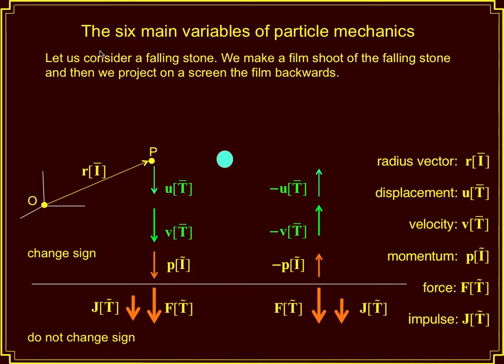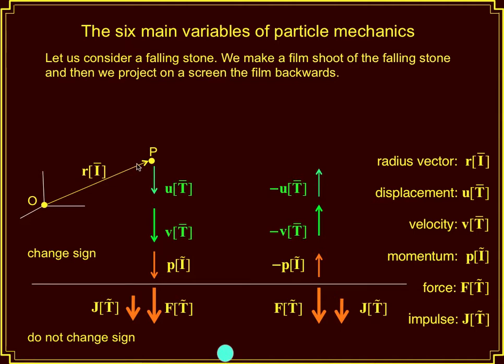The six main variables of particle mechanics. Let us consider a falling stone. To make a film, we show the falling stone, and then we make a film and project on a screen the film backwards. Look here. This is a fall of the stone.